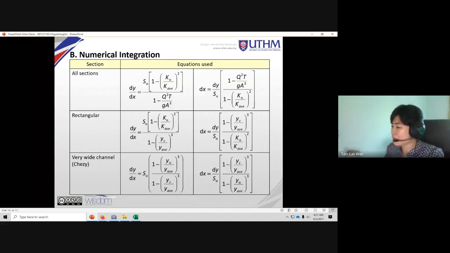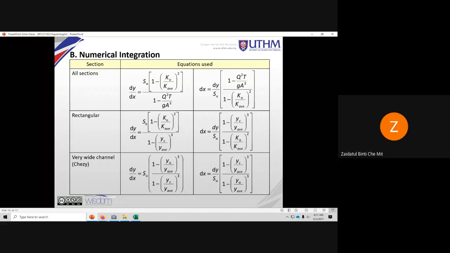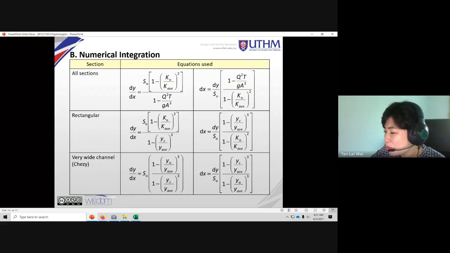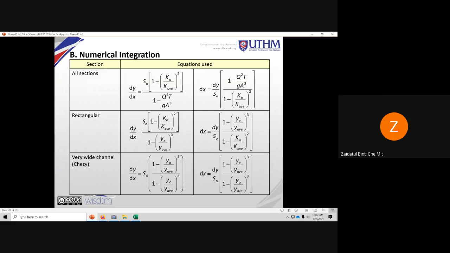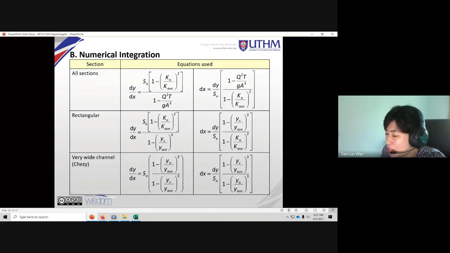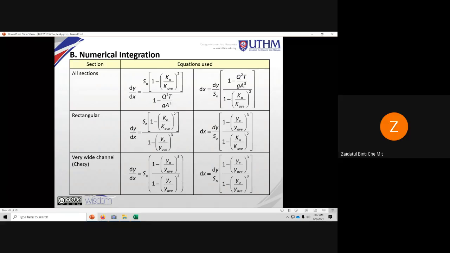Now, can I ask, maybe Zaidatul is there? Zaidatul? Yes, doctor. Do you remember what is K, the conveyance? Do you remember the formula?